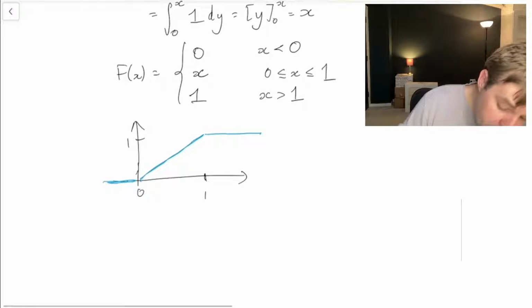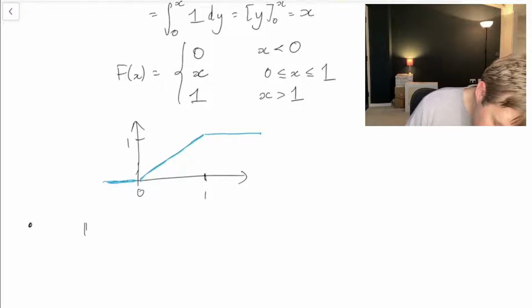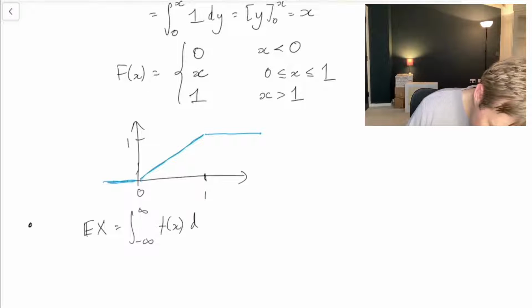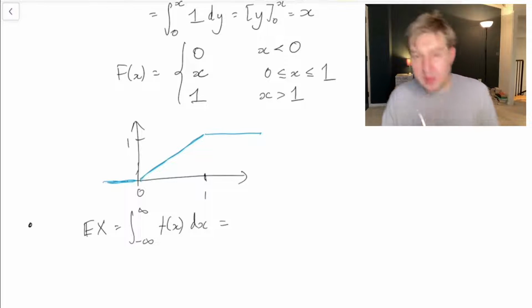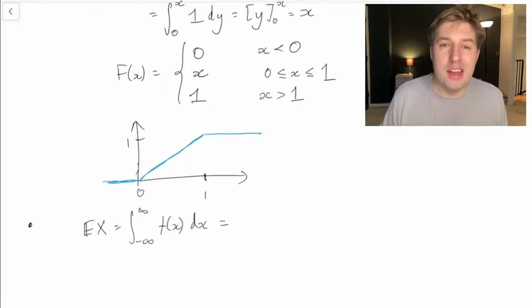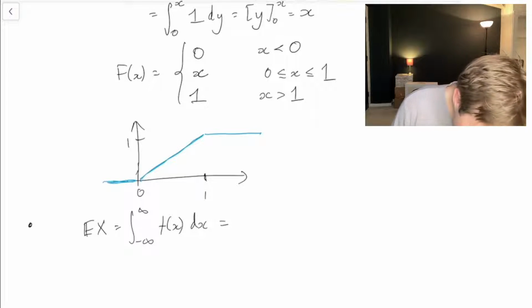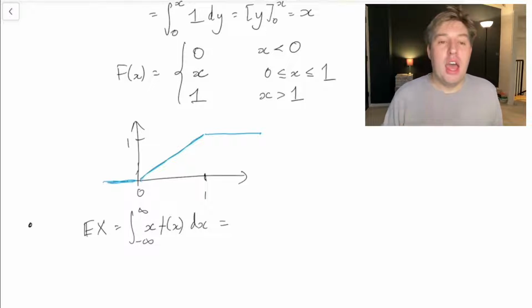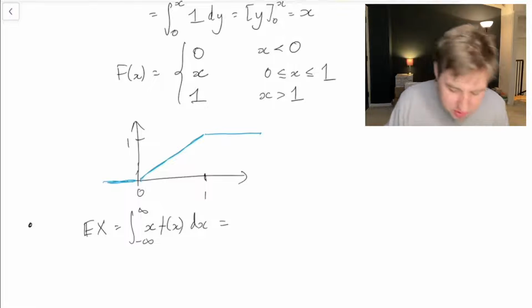We also looked at the expectation, didn't we? We said that the expectation of x was the integral between minus infinity and infinity of x f of x dx. This time x isn't in the limits, so we're okay to use it inside the integral. Again, the probability density function is 0 except between 0 and 1.